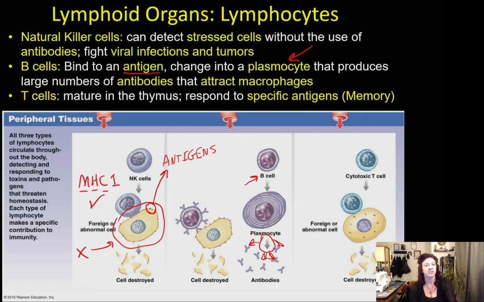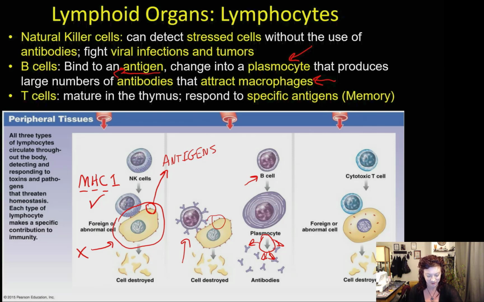The plasmacyte is the version of the B cell that is an antibody manufacturing center, and it turns out huge numbers of antibodies that are specific to the antigen the B cell encountered. And these antibodies then attract our macrophages, and the macrophages, looking for that particular antigen based on the antibodies it encountered, are going to destroy any cells that have those antigens present on them.